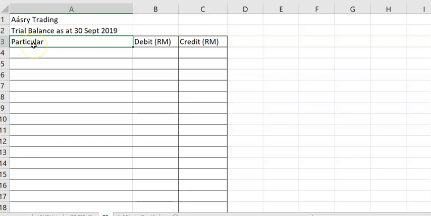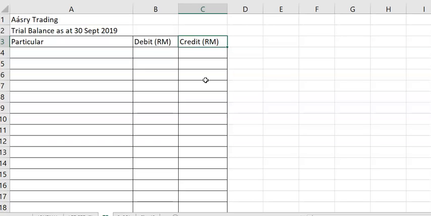You can put anything you like. Those names are appropriate anyway, but do not go far from that. Normally we put particulars and then a column of debit and a column of credit for the trial balance.